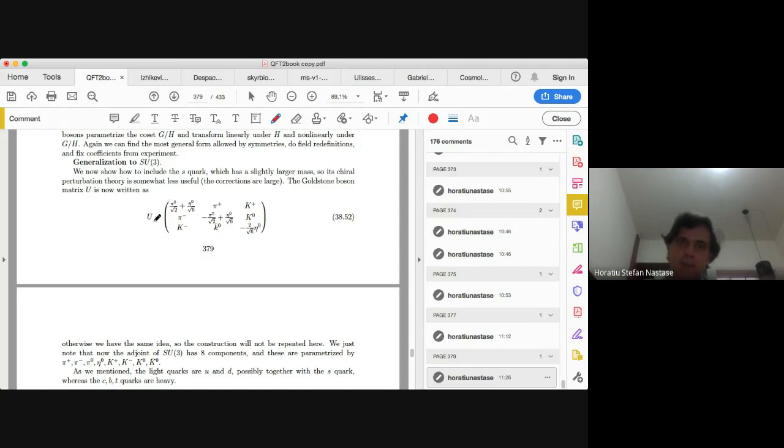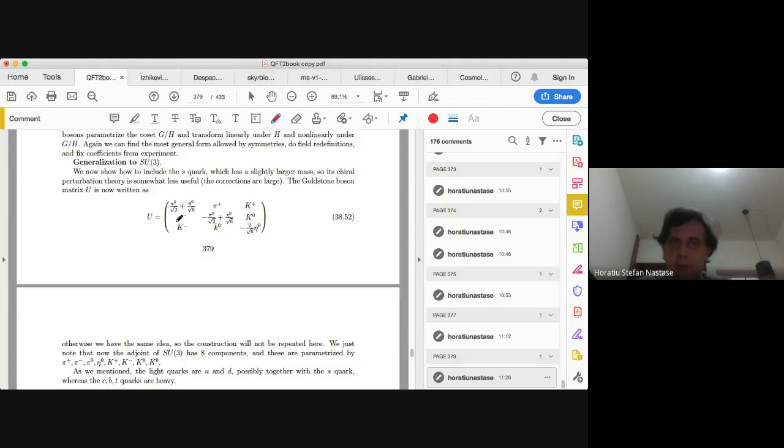So then the Goldstone boson matrix would be written. Before we wrote only these components: pi 0 over square root 2 and minus pi 0 over square root 2. So these were the pions identified with the sigma 3 component of SU2, and then pi plus and pi minus associated with the other diagonal.